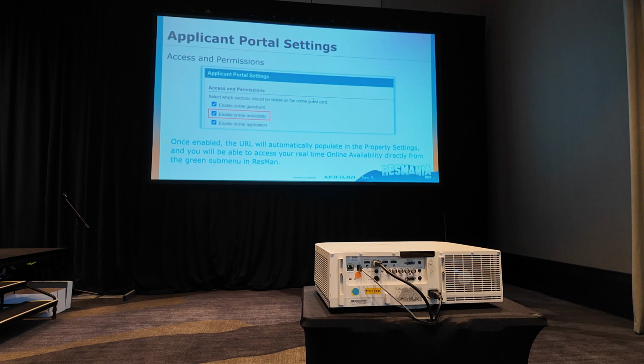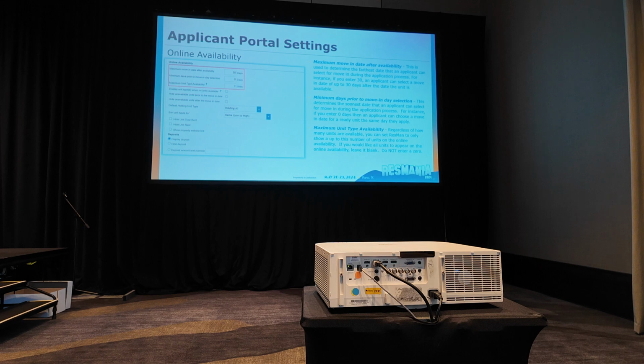And then you can access that online availability in real time directly from that green submenu bar in Resman. So you don't actually have to go to your web page and then pull it up. There's a little bar at the top, the green submenu bar, that will allow you to access that online availability pretty quickly and easily.